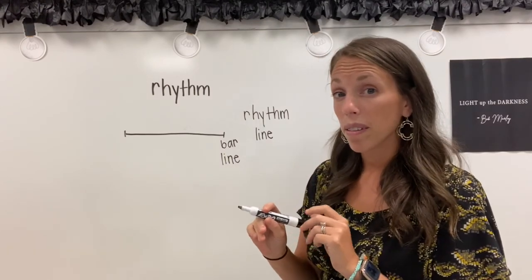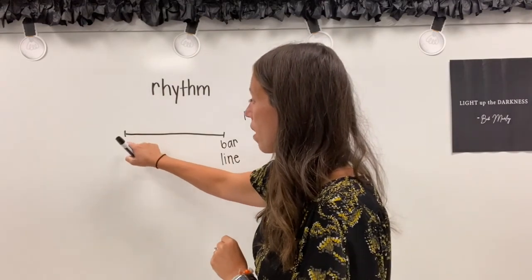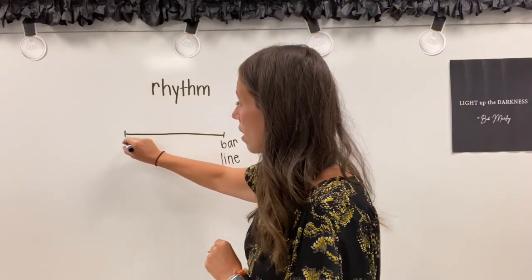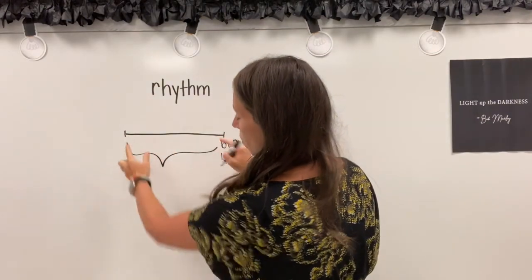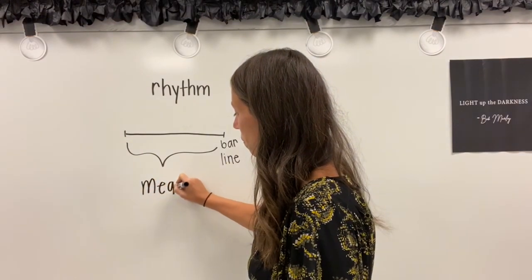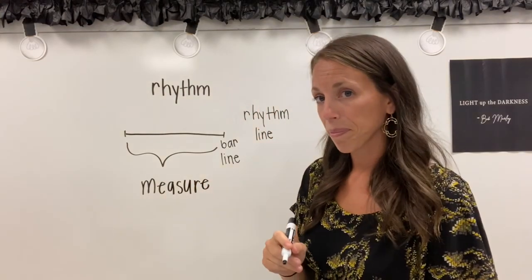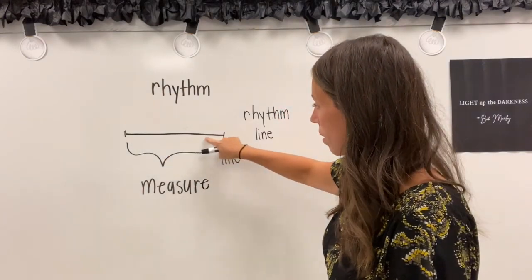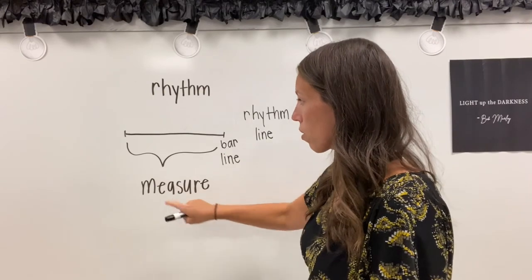Now, the next thing you need to learn is this space between these two bar lines. So this whole space is called a measure. So that is the space between two bar lines. That is called a measure.